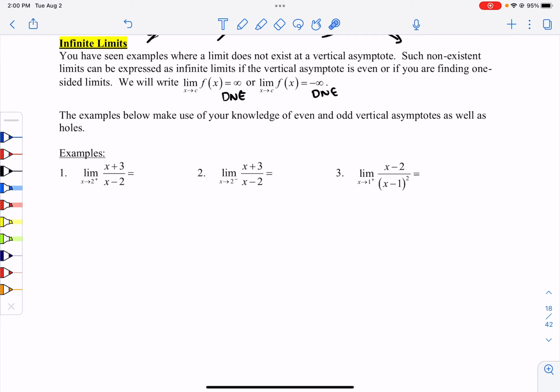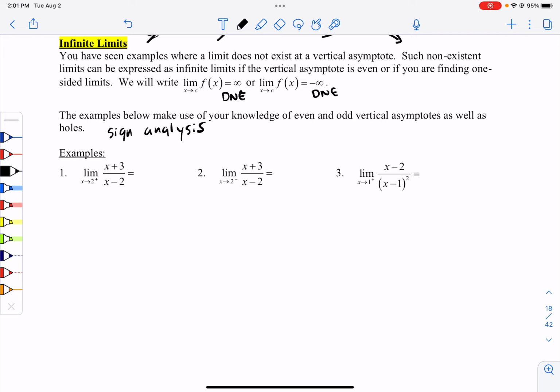I can't do any cool math tricks to make something go away. So I'm kind of stuck. So before I walk away, I know that there's a good chance this means I have a vertical asymptote. So if I'm looking at what's happening at this point, we're going to use what's called sign analysis. And you should have done this in other classes, not using limits, but looking at signs.